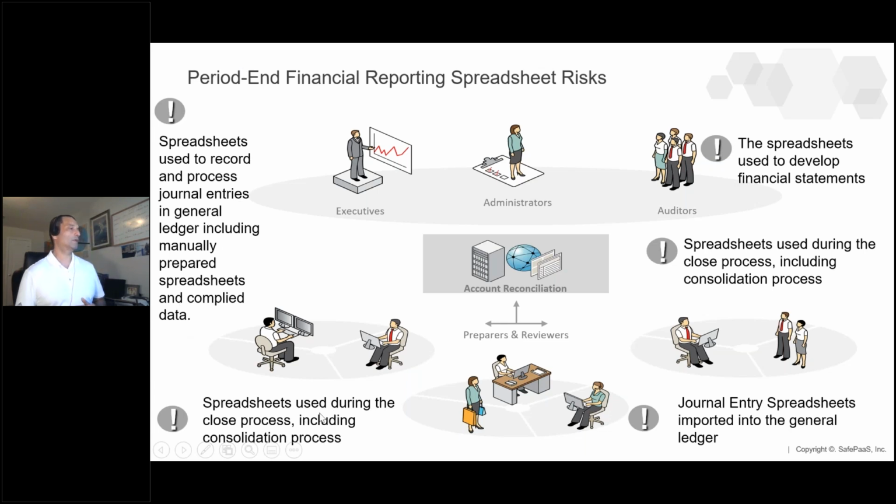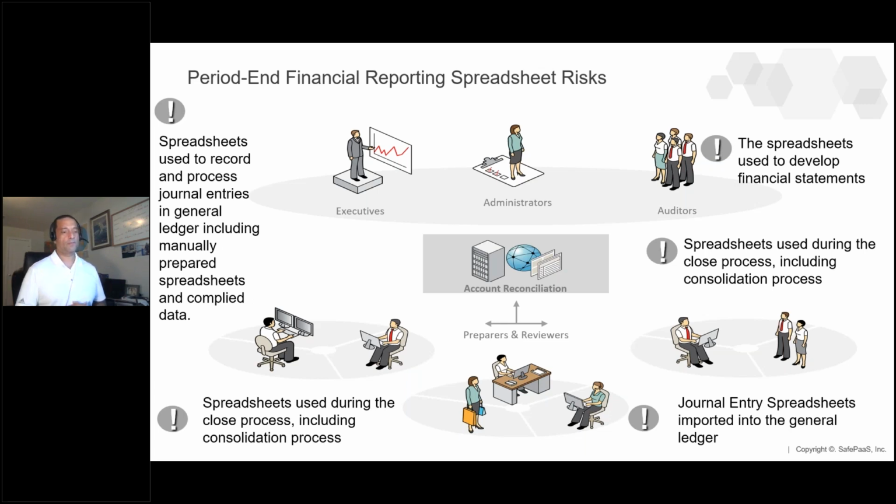Spreadsheets are also being used during the close process for consolidation. As we're looking to report financial results, you may have systems across different business units, all reporting their results, and then you're consolidating them in your consolidation spreadsheets.